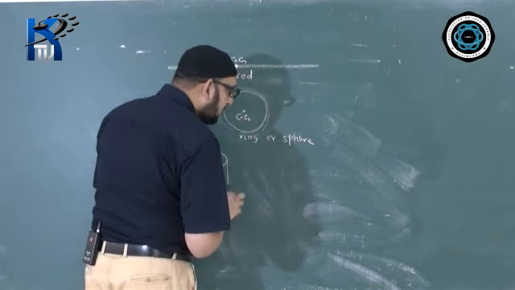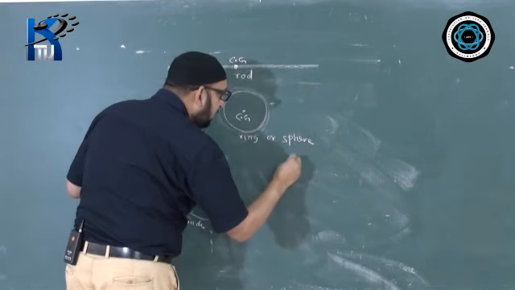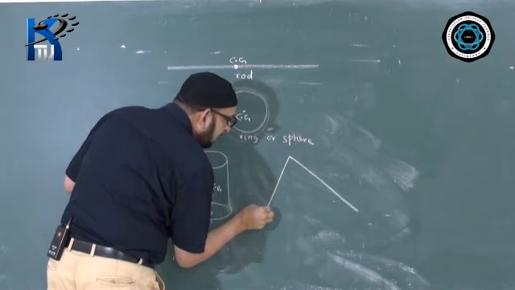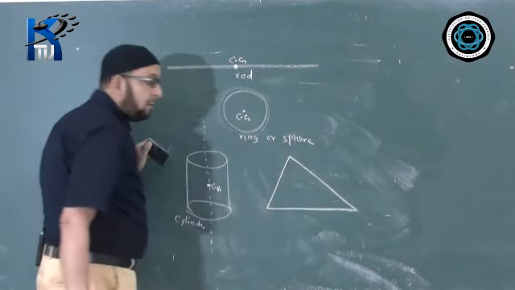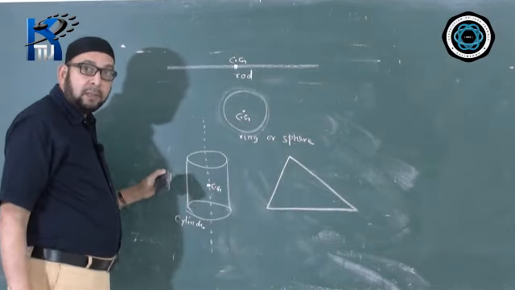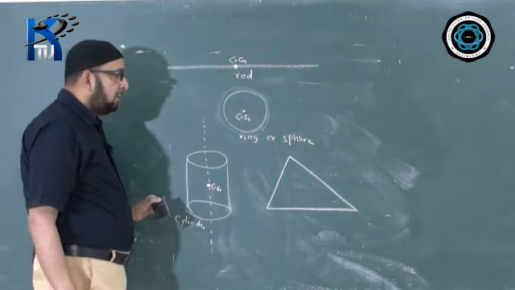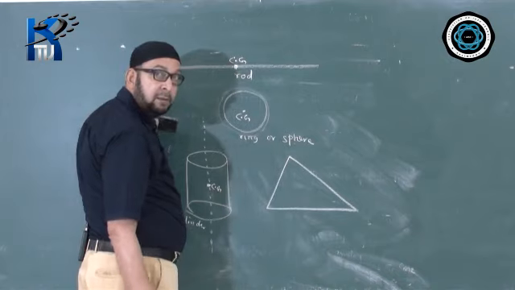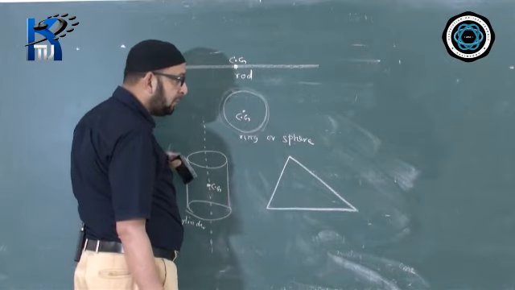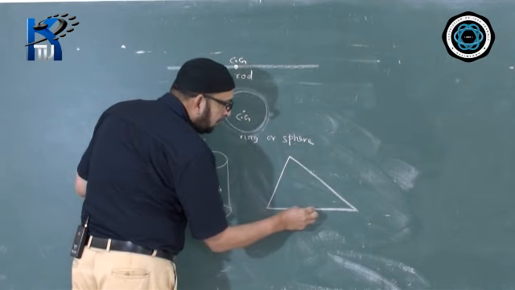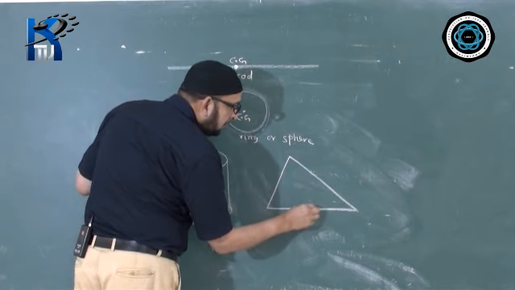Now, in case we are having a body in the form of a triangle, the triangle can be of any type, either right angle or equilateral or isosceles, or even a scalene triangle. Where the three medians meet, that point of intersection will be the position of CG for this triangular lamina. So, what is a median?